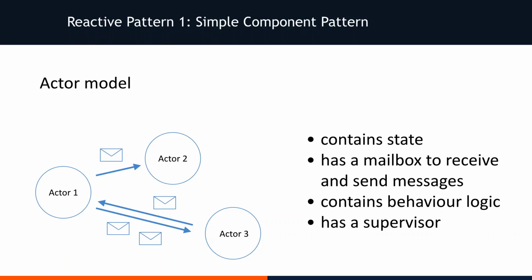What's important to take here is that actors communicate with each other exclusively through asynchronous messaging. So remember the email that you sent me earlier. That's the idea. And here's the supervisor. So actors have a parent or supervisor.